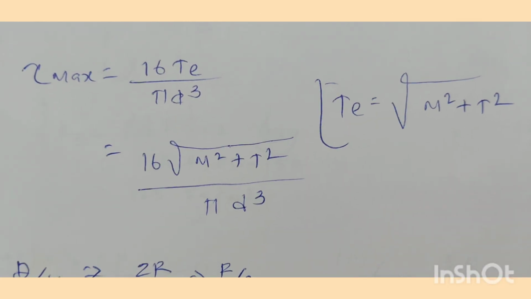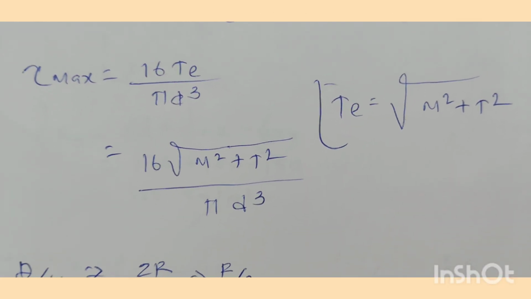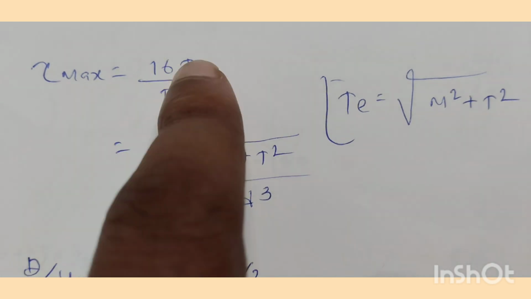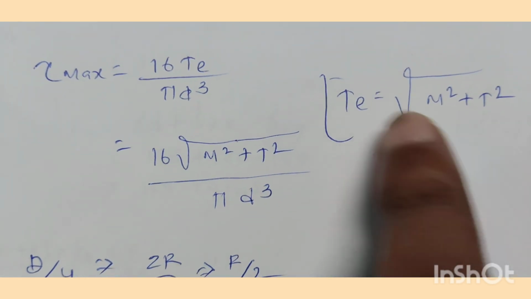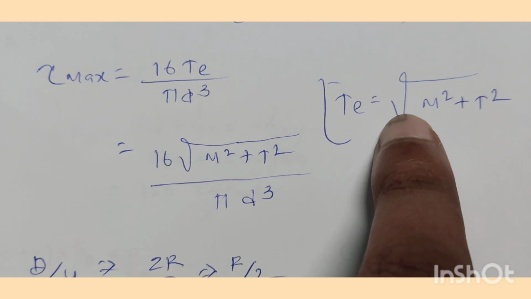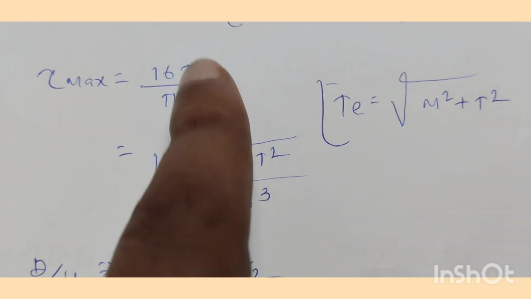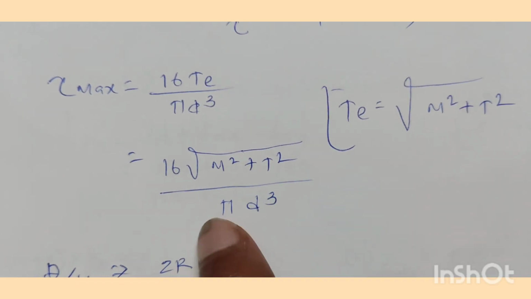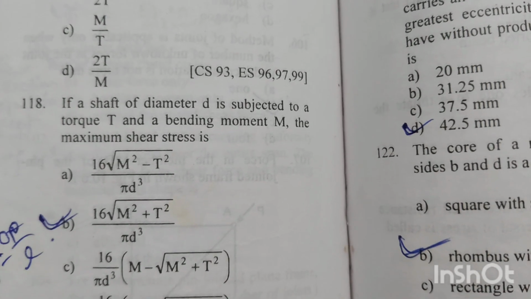T is the torque to which the shaft is subjected, and M is the bending moment to which the shaft is subjected. So if we put this value of Te in this equation, we will get tau max equal to 16 into root over of M square plus T square by pi d cube. Option B is the right answer.